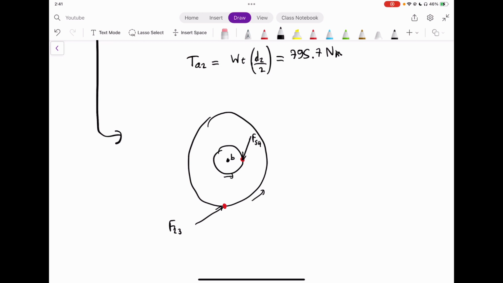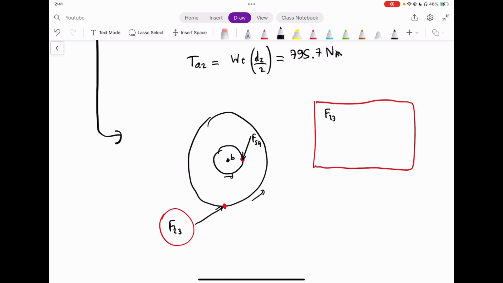Now, since we're asked to find all the forces on shaft B based on the idler pair, we already know what force F23 is, so let's write it out and make a box, and say this is our final answer for the F23 forces on our system.